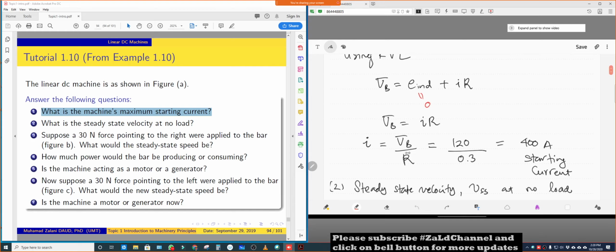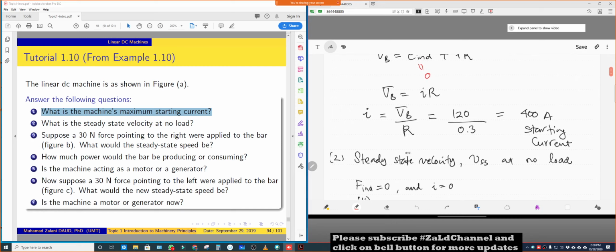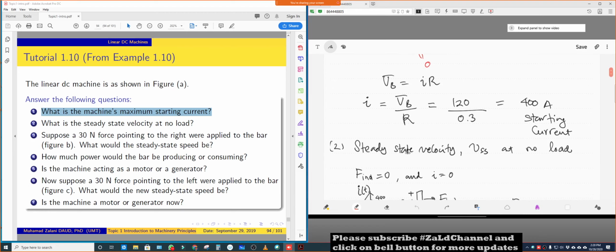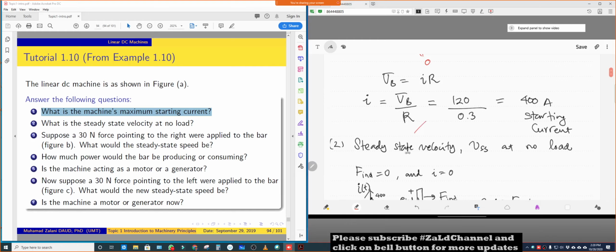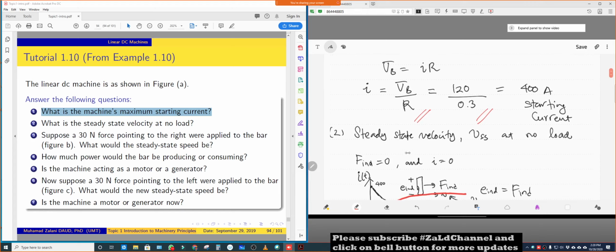But at that instant, we know that the induced voltage is 0. Then we can rearrange this equation to find the instantaneous current at the switching, which is I equals VB divided by R. The battery voltage is 120 divided by R, which is 0.3, and we get 400 for the starting current.